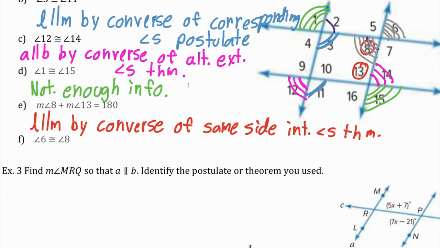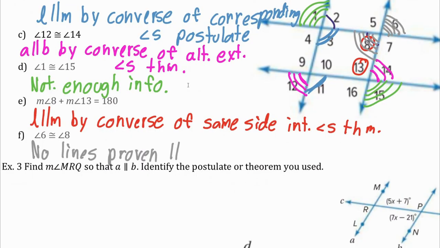You also could have said not enough info, and I would have taken that as well. But they're vertical angles. Vertical angles are congruent, but we don't have a vertical angles theorem that allows us to say that lines are parallel.